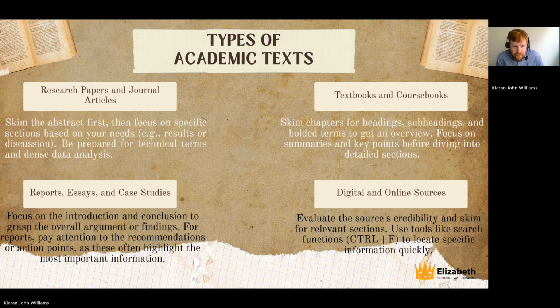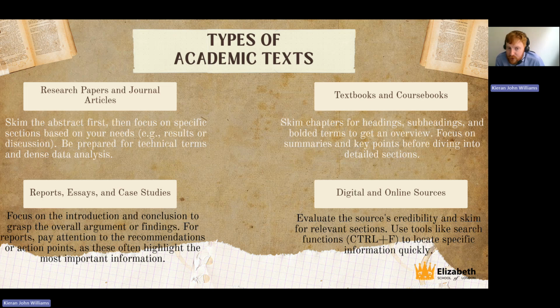So make sure you use those abstracts first to help you decide if you need to move on. If we move across to the right, if you're looking at textbooks and course books, so these may be those paper ones in our learning resource centres across our different campuses, because it is a book, again, you don't have to start on the first page and read all the way through to the back page. You can always skim chapters.